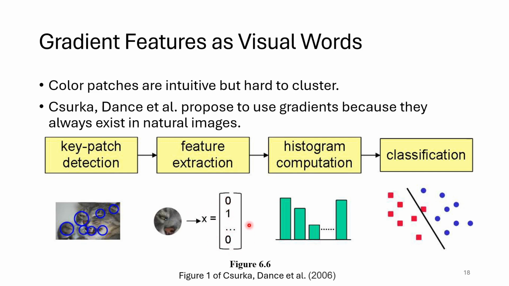Then they use those features, no matter the number of features, to create a histogram, and use the histogram as the feature to represent the image. Finally, they can apply a machine learning algorithm, for example support vector machine or AdaBoost, to create a classifier to classify which certain class this image belongs to.